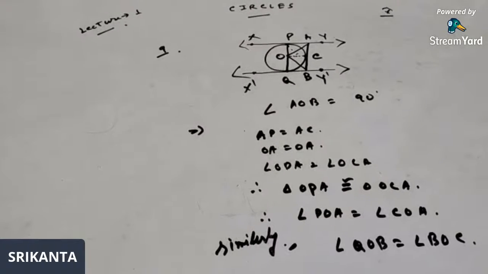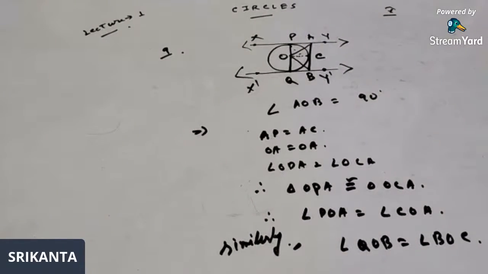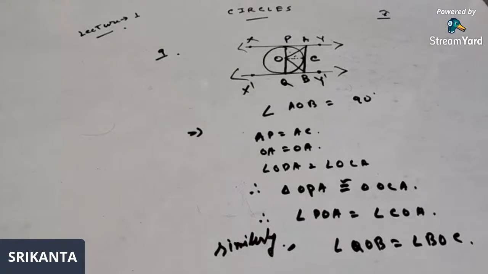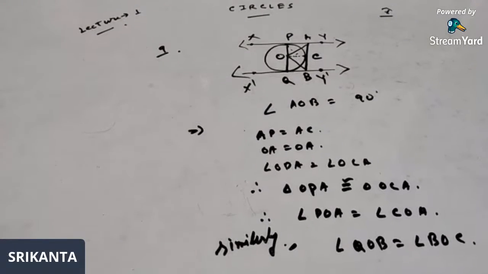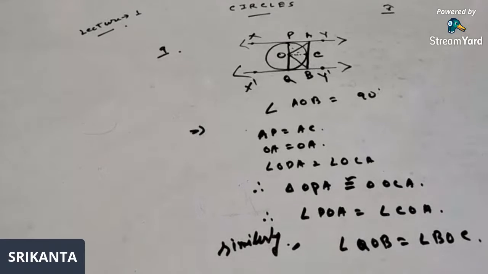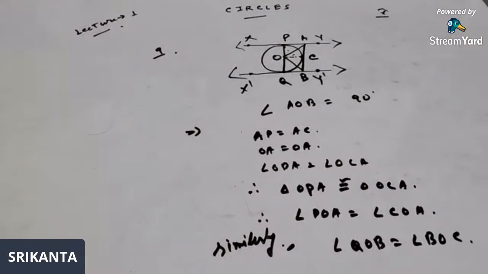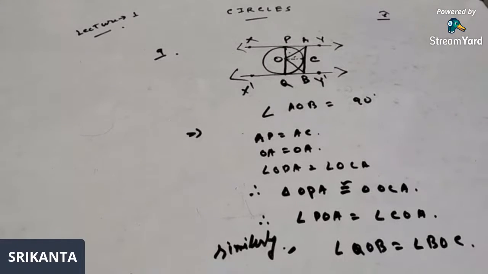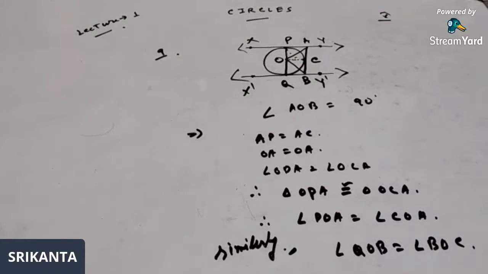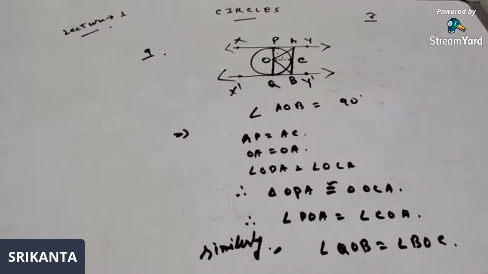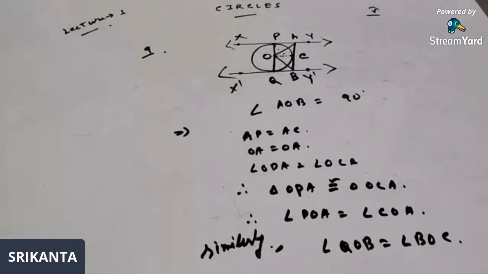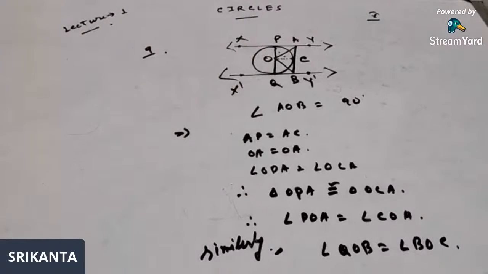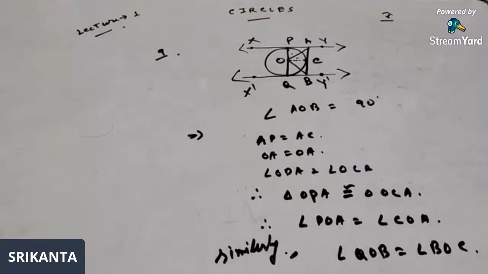These angles are equal. OP is equal to OC. This is 90, this is 90. Sum of these angles is 90 degree. This angle plus this angle is 90 degree.